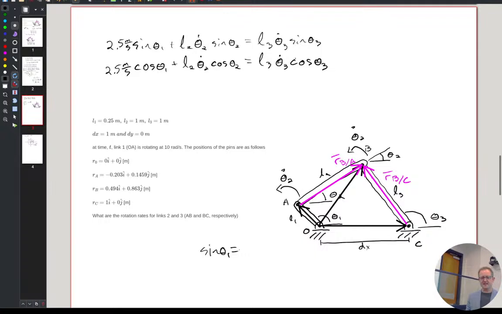So what is sine theta 1? I know the hypotenuse is L1. So what's the opposite? L1 over L1?